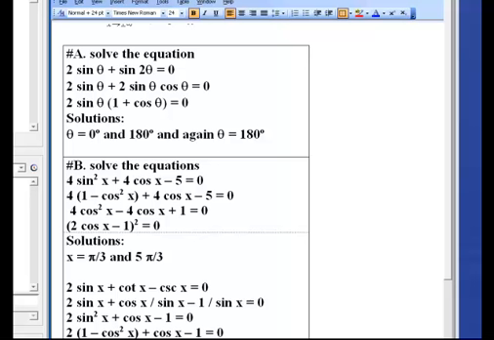So 120 and 240, and I'll convert those to radians in just a moment, and then the other one is going to come out to cosine x equals 1, which of course happens only at x equals 0, and then this one here, of course, is going to be 2/3 pi, and this one is going to be 4/3 pi.